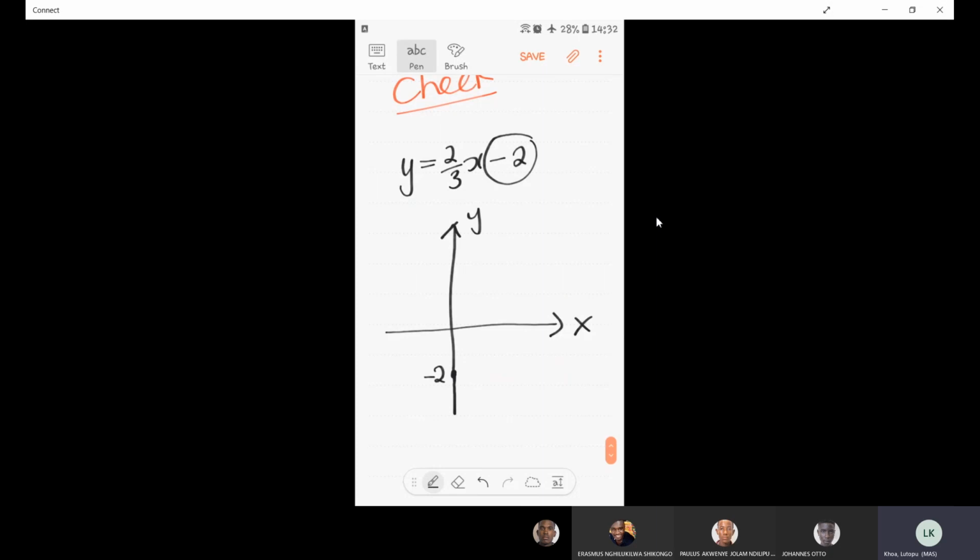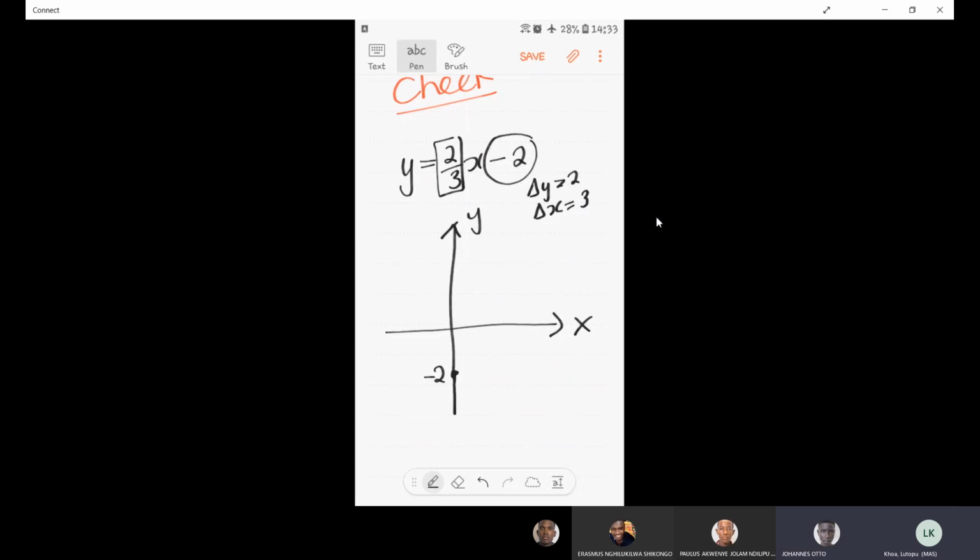Then I will move away from this point depending on my gradient. So delta y is equal to 2, and delta x is equal to 3. Delta y means up or down, and delta x means left or right.